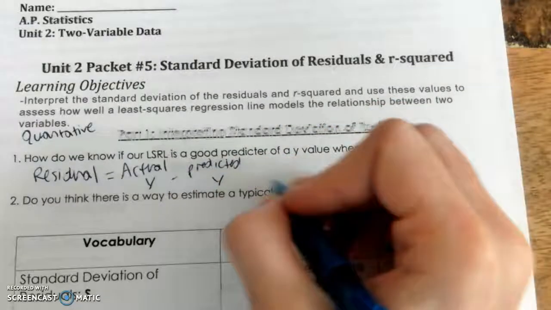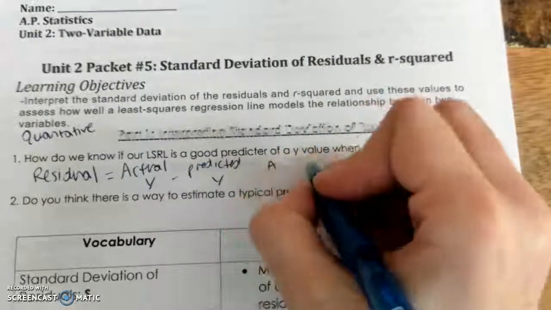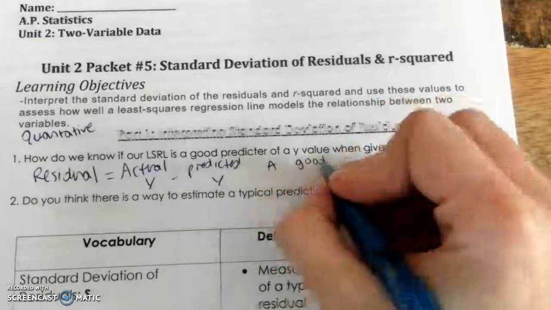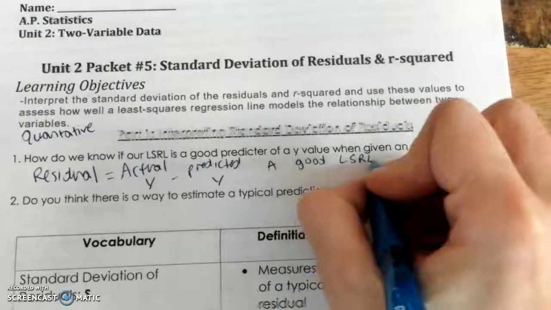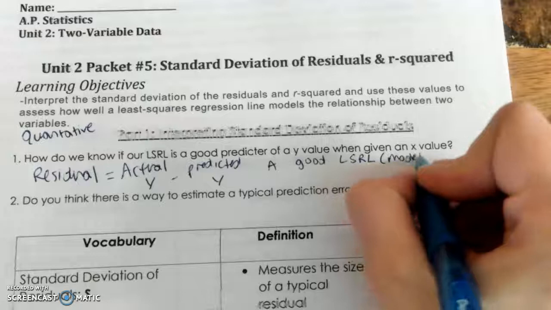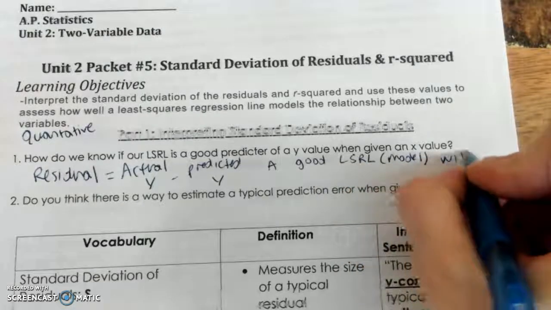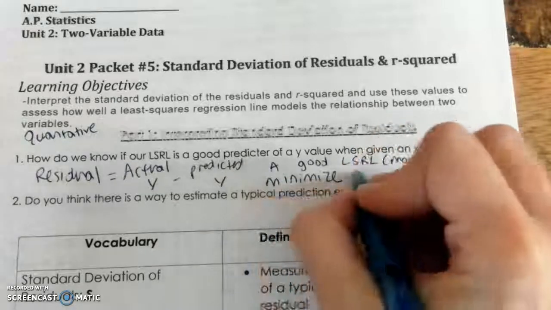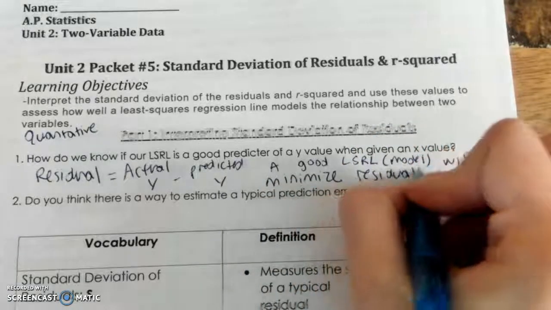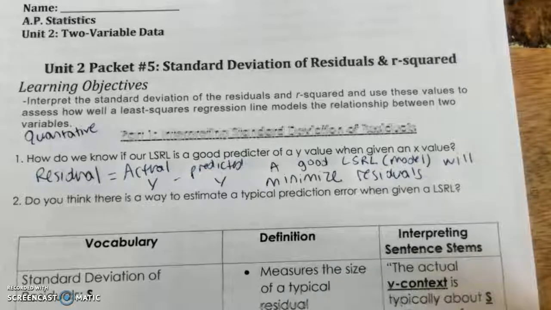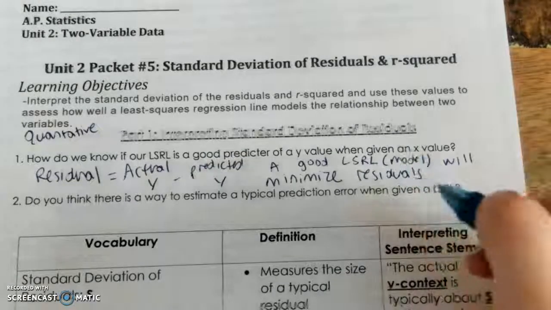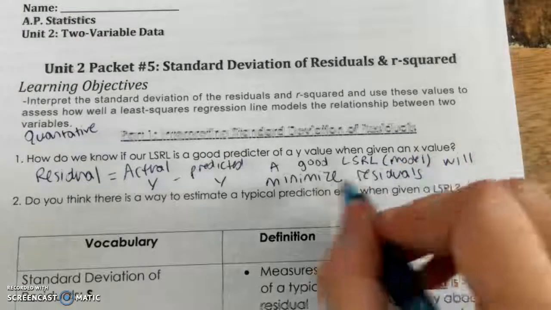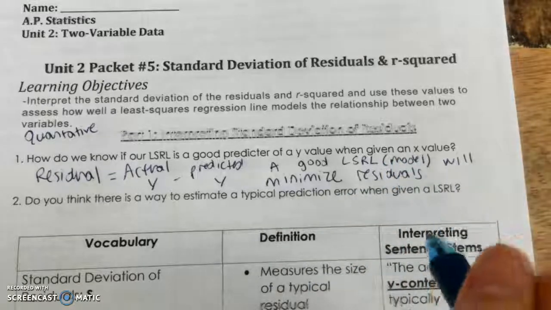So if we have a good model, a good LSRL or model, right, will minimize residuals. If residuals are errors, prediction errors, right, then a good model will make those errors as small as possible.